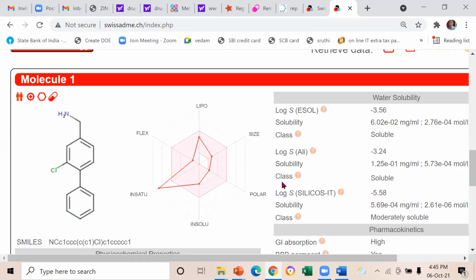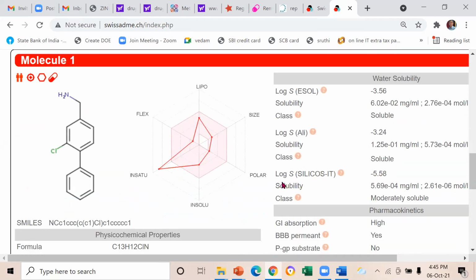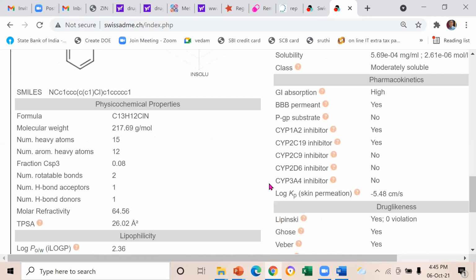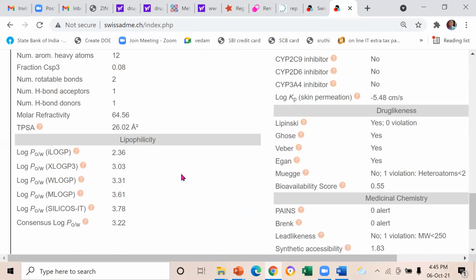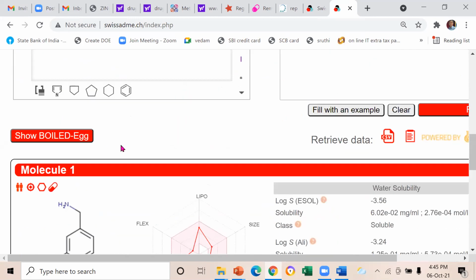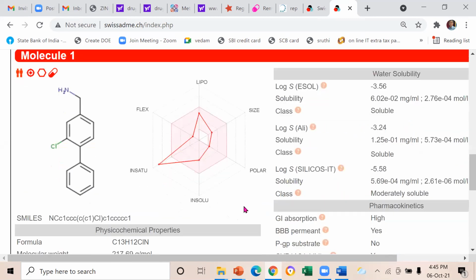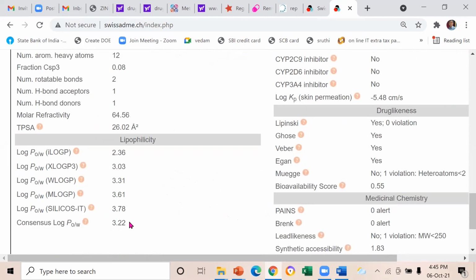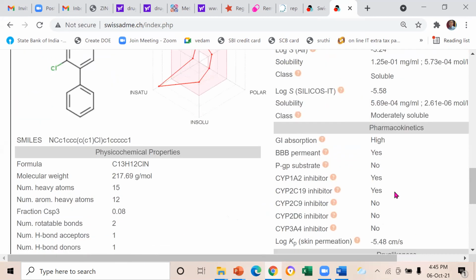So this molecule, it's giving you properties of that molecule. Total polar surface area is low because it's a very hydrophobic molecule. So only one nitrogen is there. Okay, and then the log P is lipophilic, bioavailability 55%, then BBB.